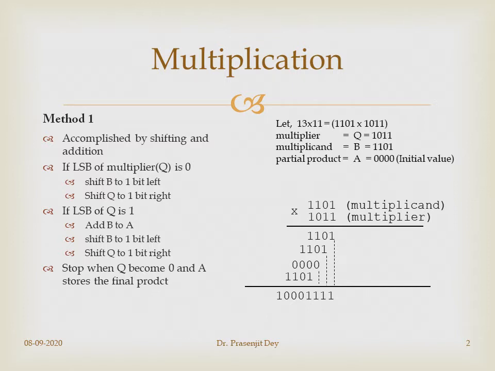Similarly, if the LSB of the multiplier is 1, we add the multiplicand to the partial product A, which is initialized with 0000, and then shift the multiplicand one bit left and the multiplier one bit right. We stop when the multiplier becomes 0, and in that case A will store the final product.